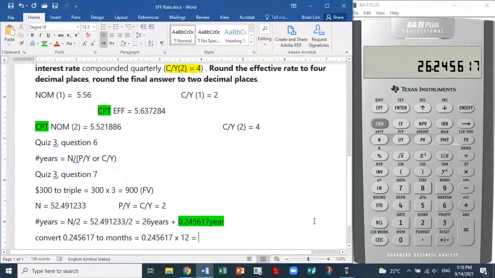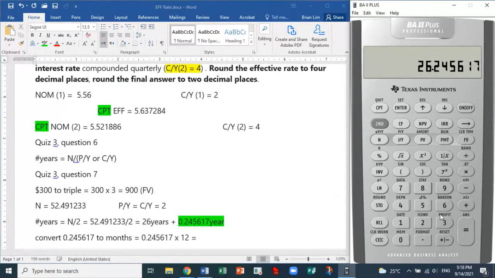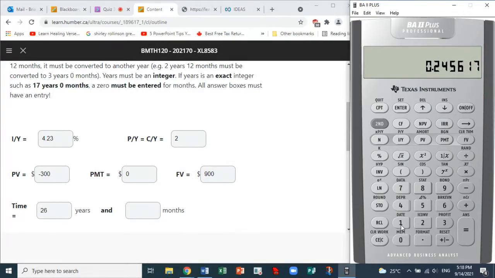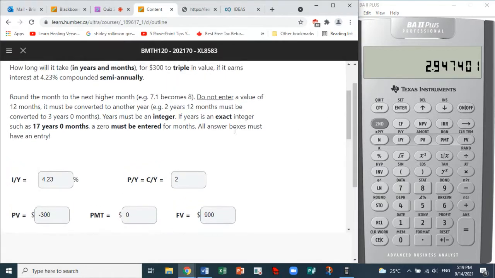And that's equal to, so we subtract 26. All right. Okay, we could go back here first to make sure that we don't forget, and then we'll go over to the months. So we take this number and we multiply by 12, and what do we get? Well, we get 2.94 now. All right, rounding here. Years must be an int. Okay, round the month to the next higher month. 7.1 becomes 8.